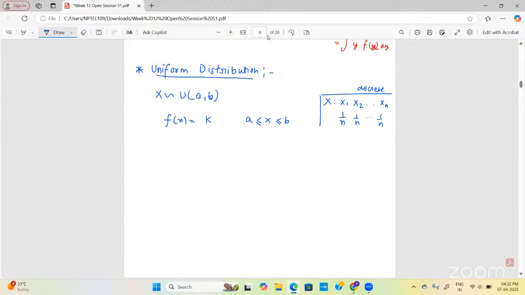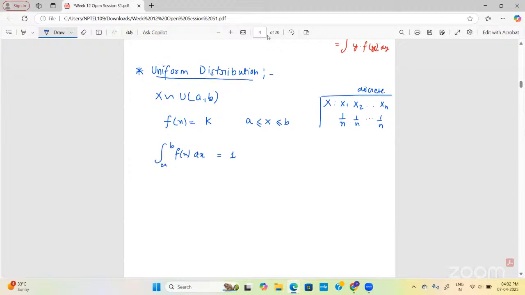Now how can we find this constant value? We can use the property of PDF, that the integral should be equal to 1. And what should be the range here? A to B, right? So the PDF over the range of the distribution should be equal to 1.